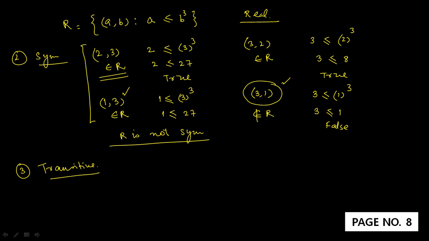If I am taking the values as fractional values, suppose I am considering the first pair as 3 and 3 over 2. Second pair is 3 over 2 and 6 over 5. Suppose these are the values, because I can take all the values as fractional also.